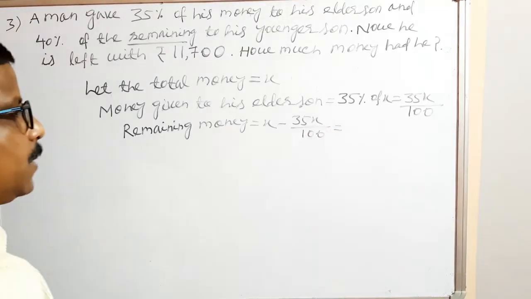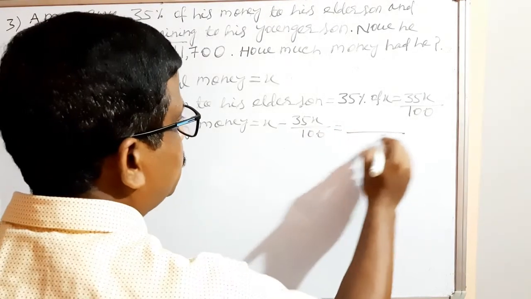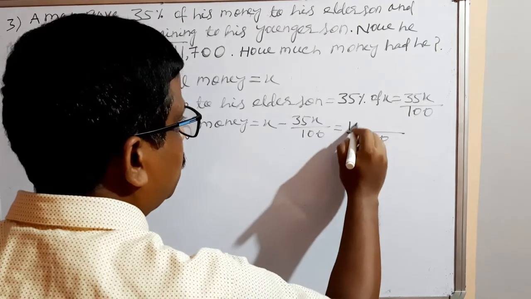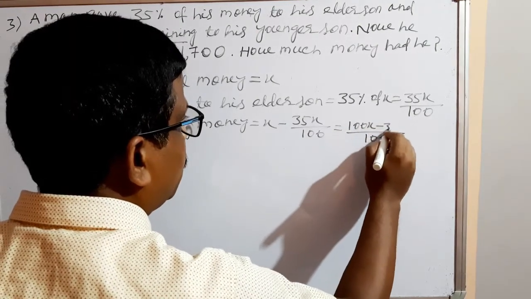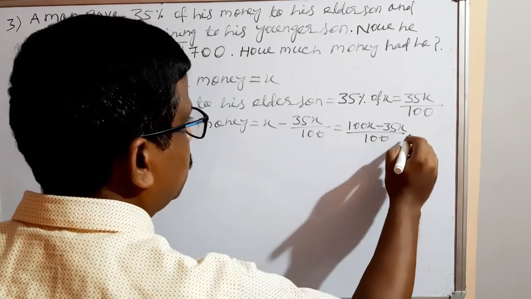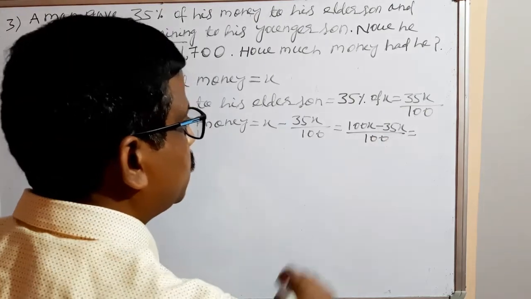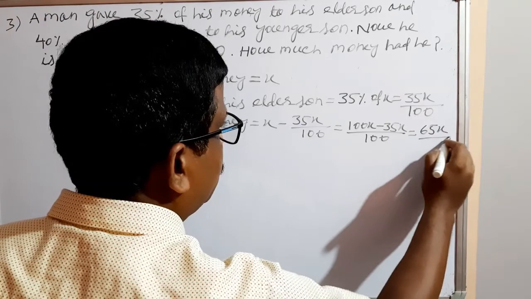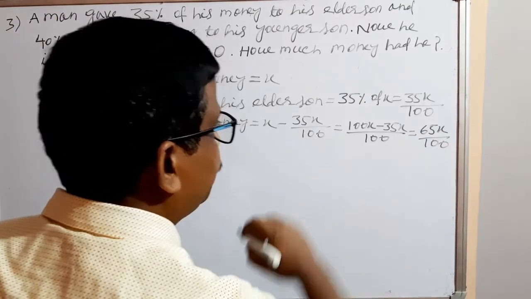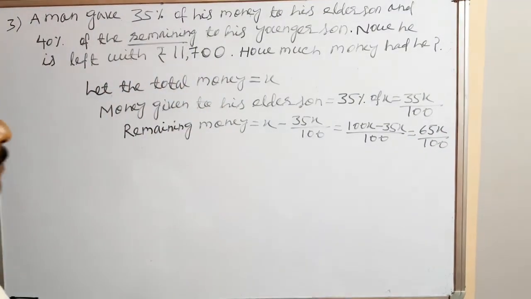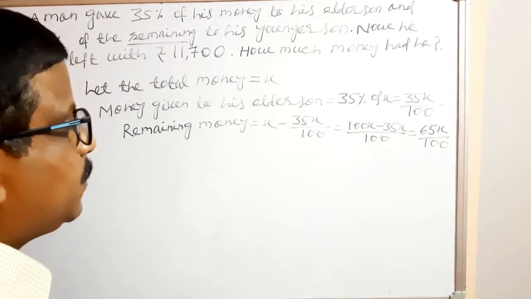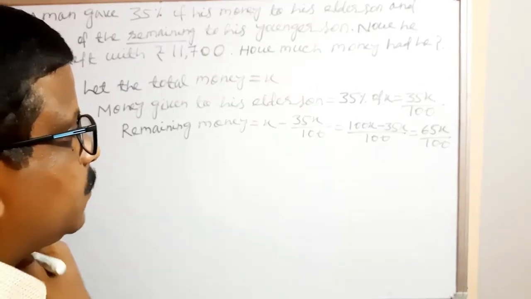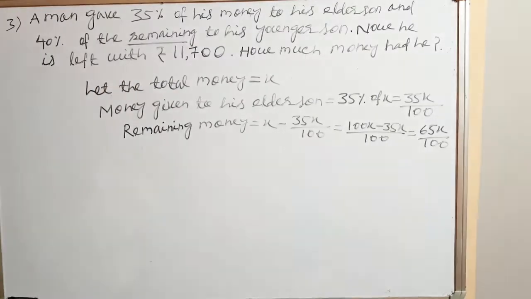So the LCM is 100: 100x minus 35x is equal to how much? 65x by 100, the remaining money.